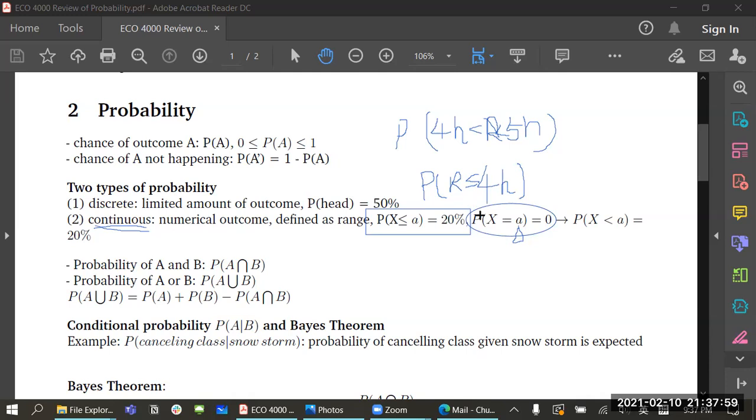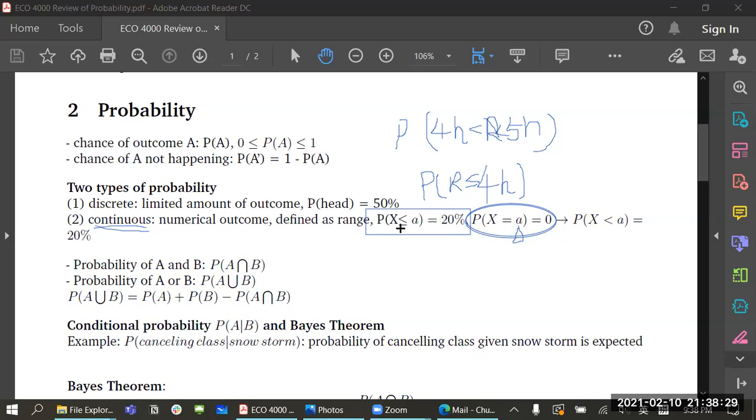This is important because in a discrete case, this will not happen. In a discrete case, for example, if you roll a die, then X equals 1 is 1 over 6. It's not 0. But in a continuous probability, X equals any exact value is 0. You cannot have continuous probability of an exact value.